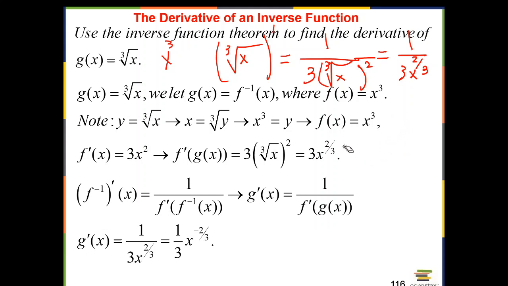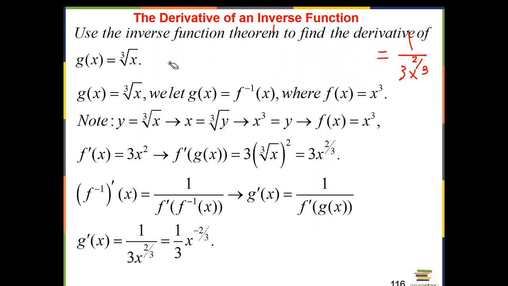All right. Now, if we were to not use this and do it directly, what would we get? Do we get the same answer? Let's see. So we're going to do it directly without using this theorem. So this is nothing but x to 1/3, right?